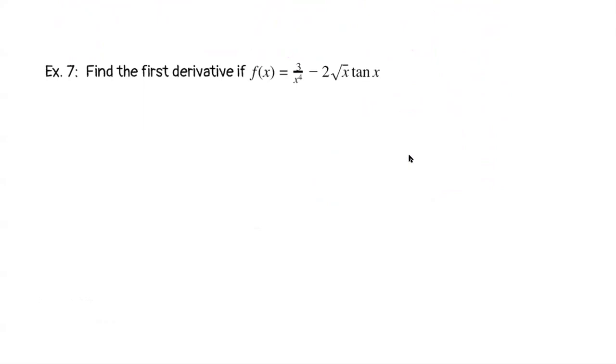So example 7 says find the first derivative if f of x equals 3 over x to the 4th minus 2 square root of x tangent x, right? So you can see here we've got a problem that has some negative exponents, some fractional exponents, some trig. So we're mixing together a lot of the different strategies we've learned.